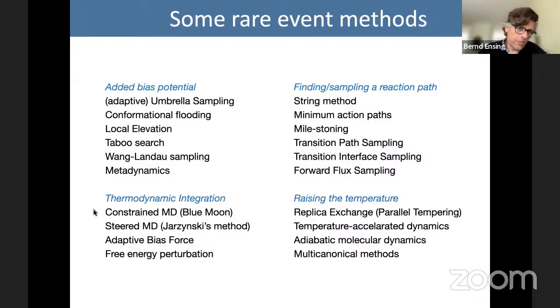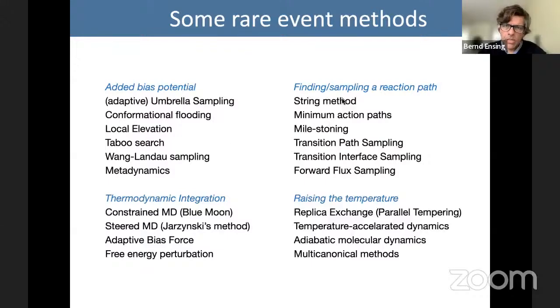There are also methods where you, for example, constrain along some reaction coordinate. Let's say you know a reaction coordinate or a collective variable, and you constrain it. Either you fix it completely, and then you integrate along the mean force of constraint to get a free energy profile, or you just pull it out of equilibrium. These are the methods that I call thermodynamic integration.